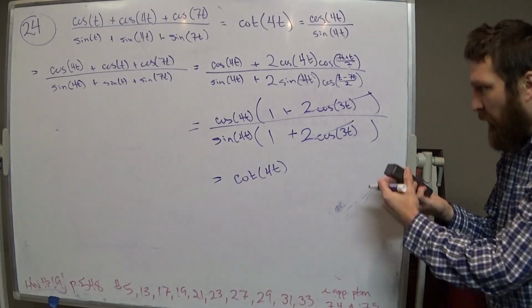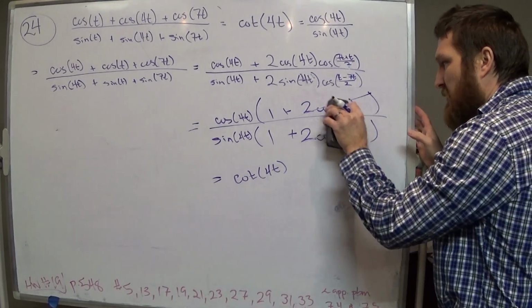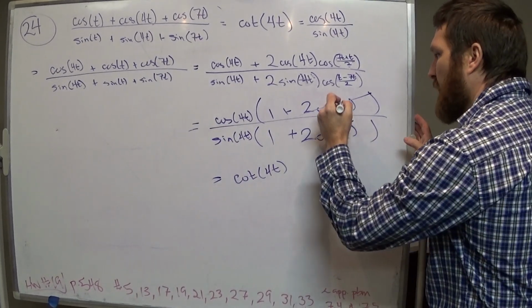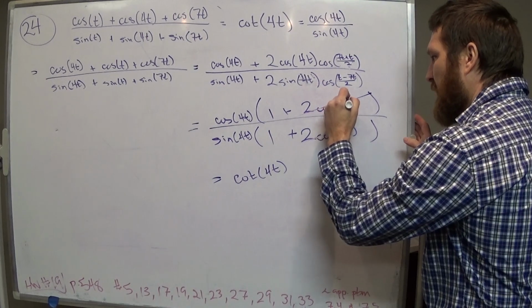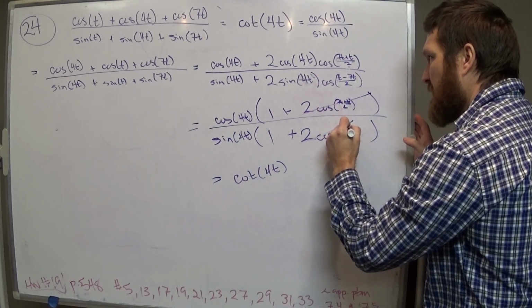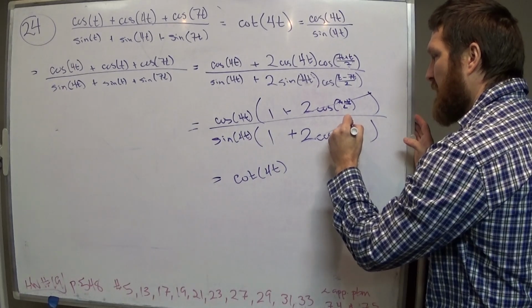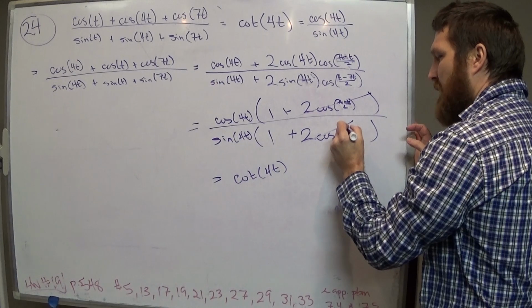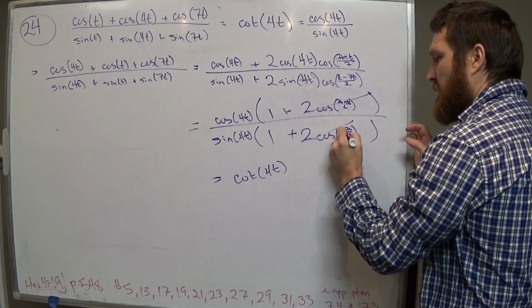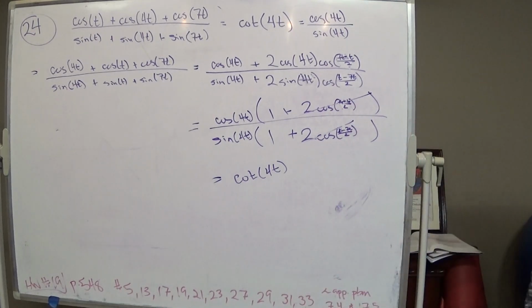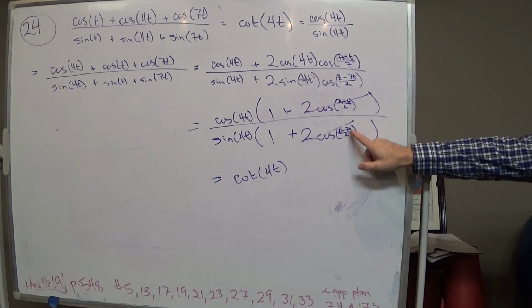You would get to this point that we just got to, and you could look at that and say, uh-oh, 7t plus t over 2 and t minus 7t over 2. That should have been a minus. Are they the same thing? Yes, they are, because you could factor out a negative.